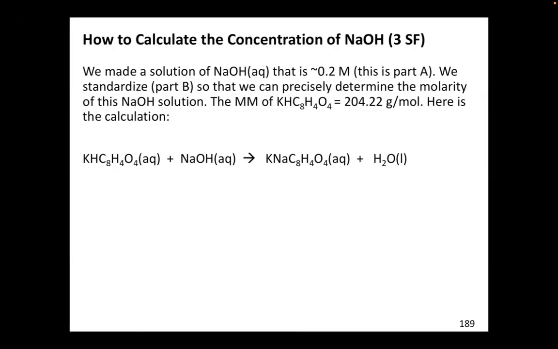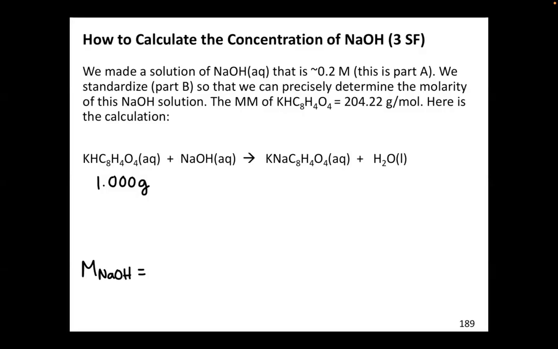So we made the solution. The molar mass of KHP is 204.22. Here's the calculation. We were given 1.000 gram of KHP. You should have the same number as I do unless you weigh out a different mass. The goal for this part is to determine the molarity of sodium hydroxide.